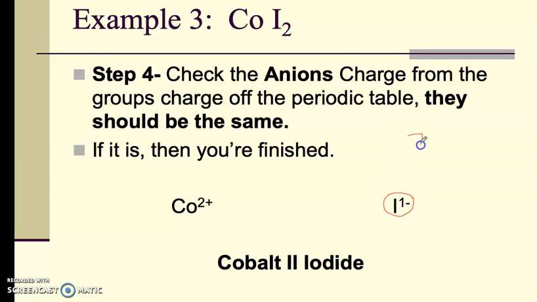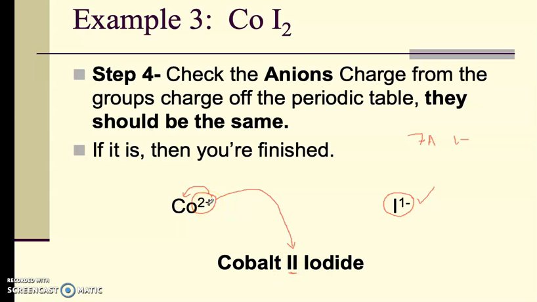Iodine is found in 7A. Group 7A has a 1 minus charge. So this is the correct charge for this nonmetal. That means this is the correct charge for cobalt. So we are going to write in the name cobalt(II) iodide, and this 2 is from that 2 plus.